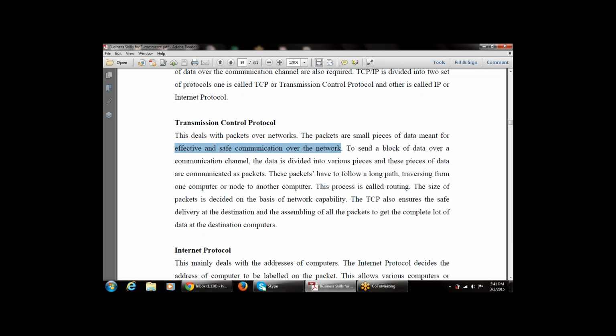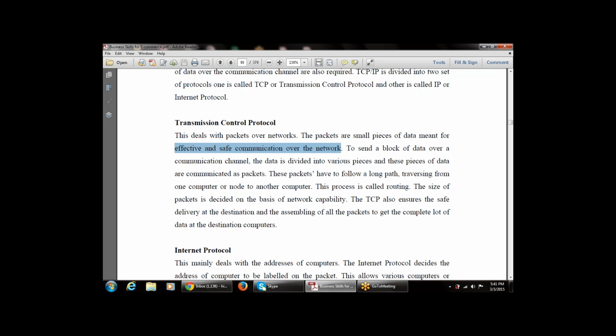These packets have to follow a long path, traversing from one computer or node to another computer. This process is known as routing.